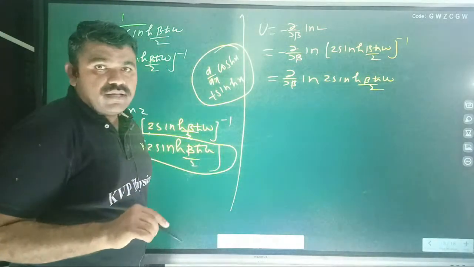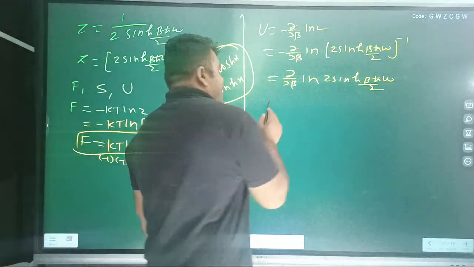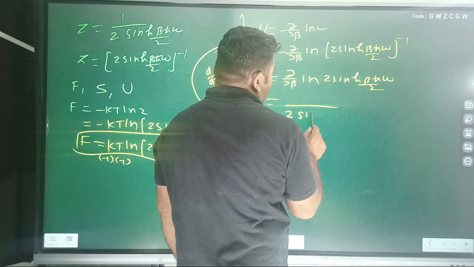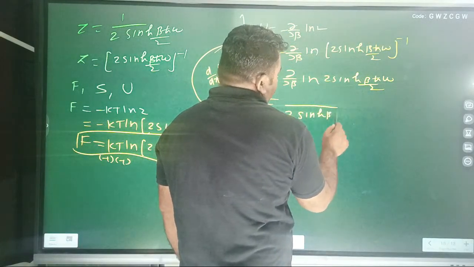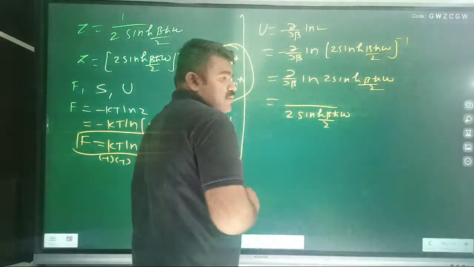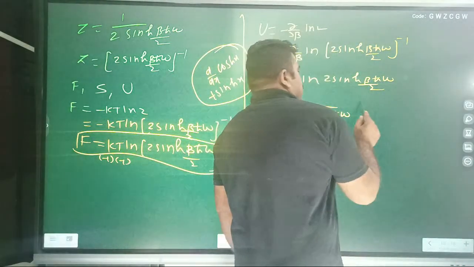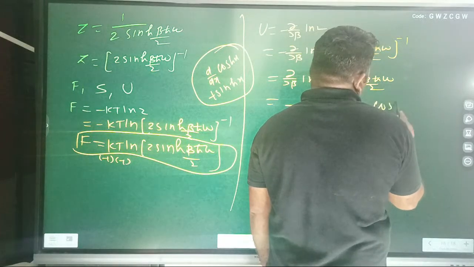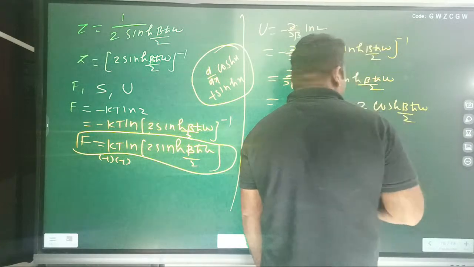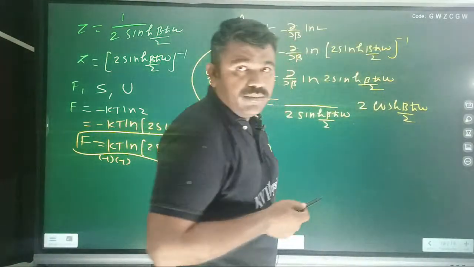Don't take the minus sin hyperbolic x. Clear? And the derivative of this is equal to 1 upon 2 times sin hyperbolic (beta h cross omega upon 2) into the derivative of this function. The derivative of this function is 2 times cos hyperbolic (beta h cross omega upon 2) into the derivative of the constant part.